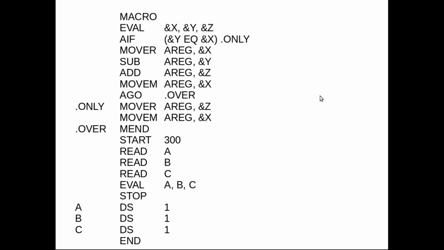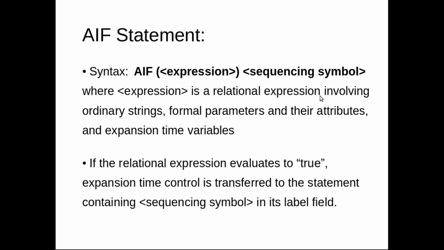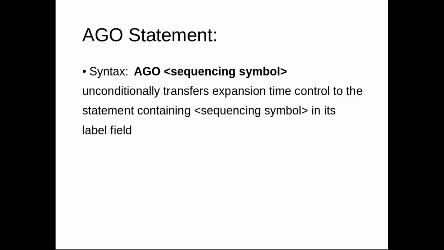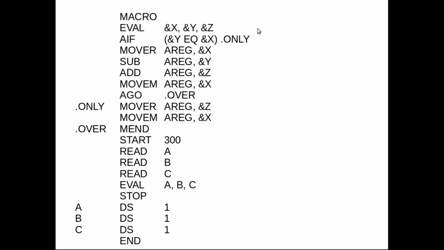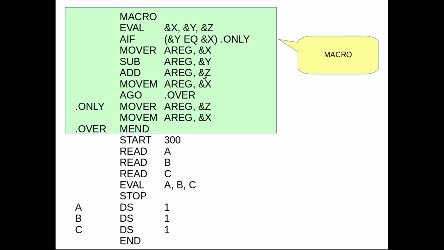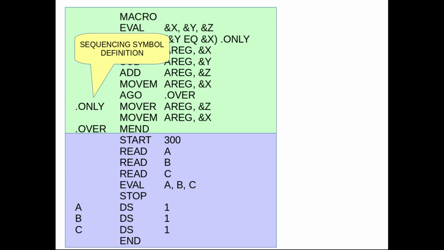Now let us try to understand sequencing symbols, the AIF statement and the AGO statement, these three things, using an example. In this example we have a macro and we have the main program, and in the macro we define sequencing symbols.